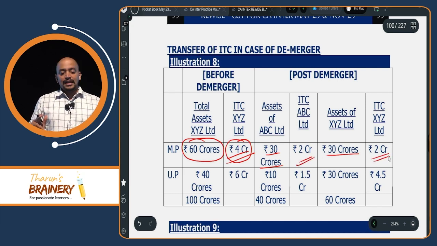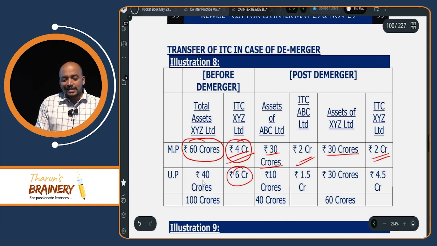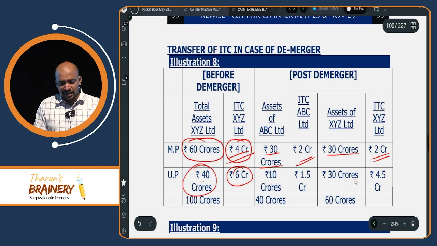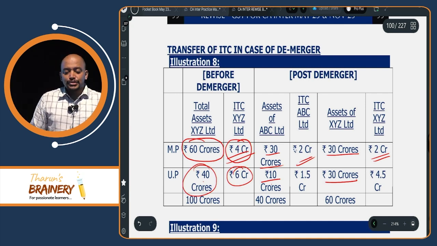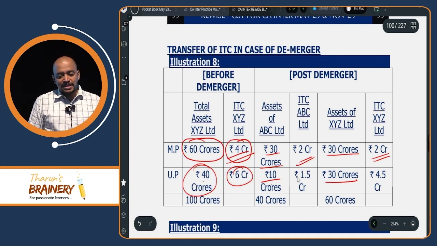Understood? Then again, in Uttar Pradesh, they have ITC of 6 crores and the assets of 40 crores are divided between ABC and XYZ in 10:30 ratio, means 1:3 ratio. Then 6 crores will be given to ABC and XYZ in what ratio? 1:3.